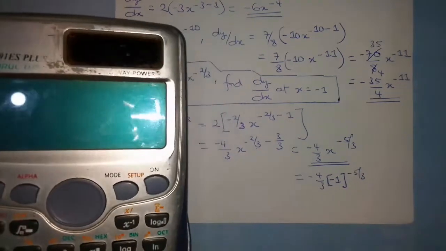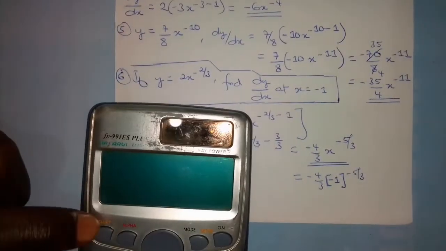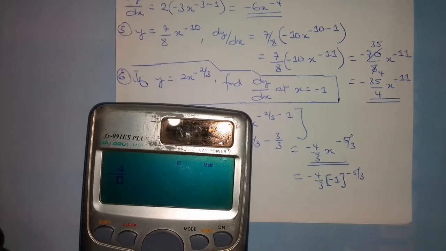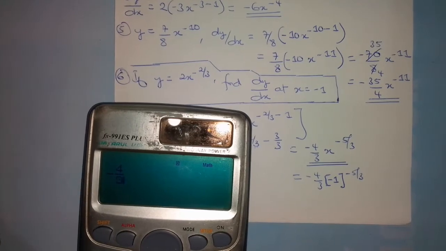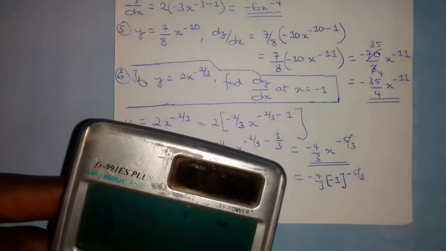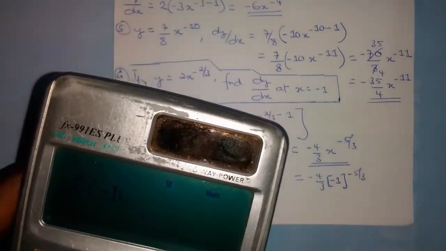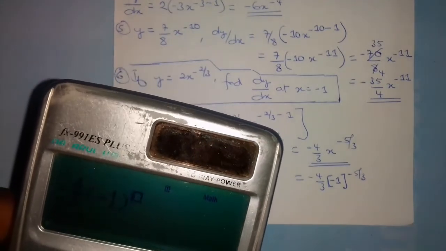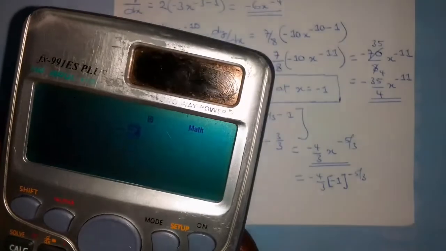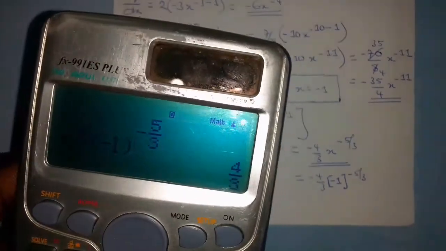If we have minus 4 over 3 multiplied by minus 1, close bracket, and then raise it to the power of minus 5 over 3, that will be equal to 4 over 3.